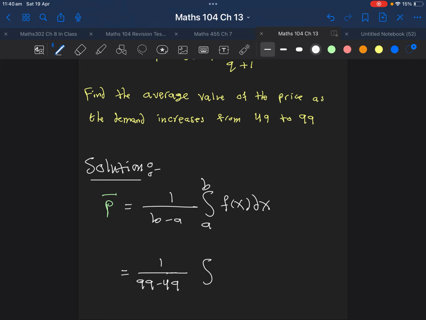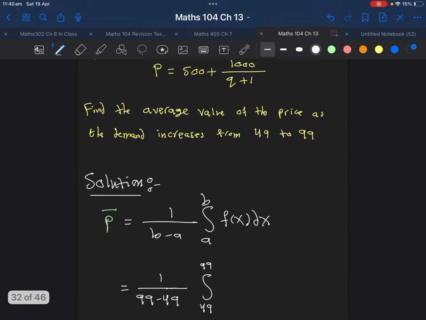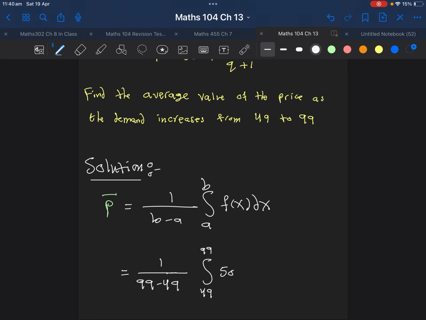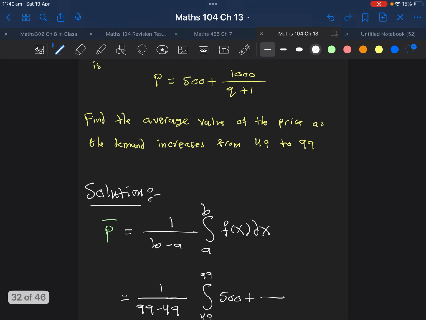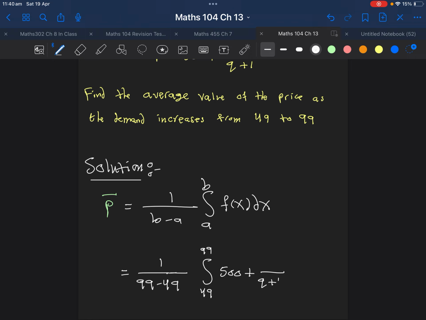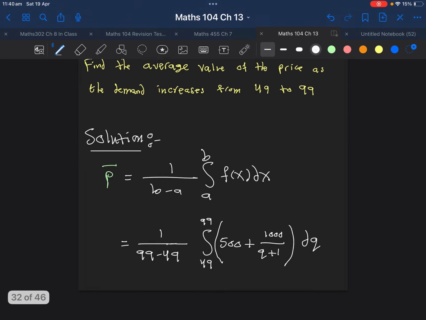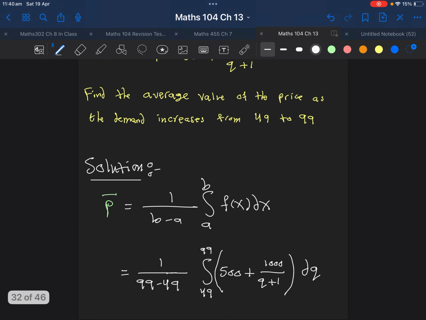And then we have the integral from 49 to 99, which is 500 plus 1000 over Q plus 1. We need to find this integral.